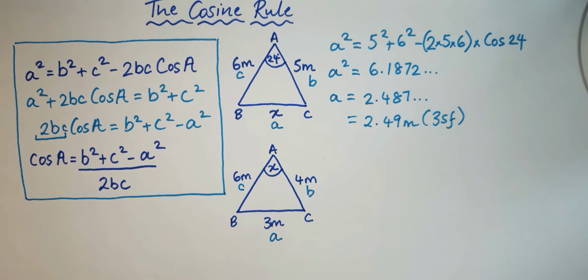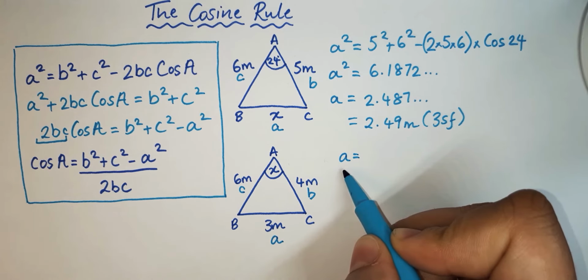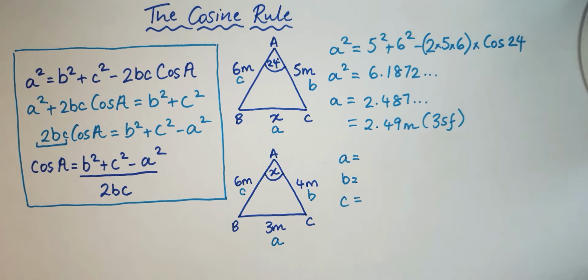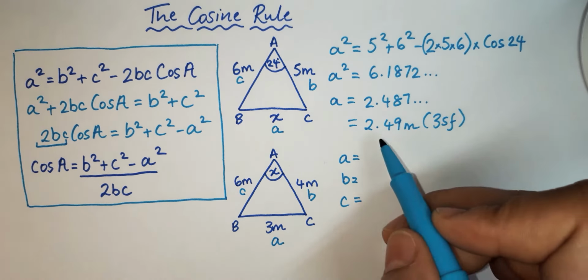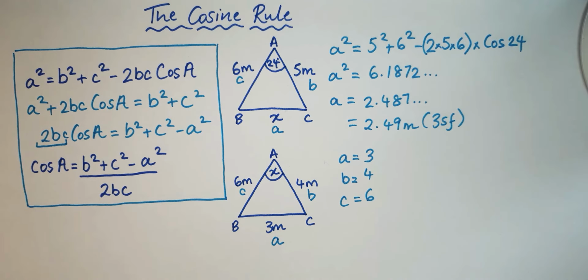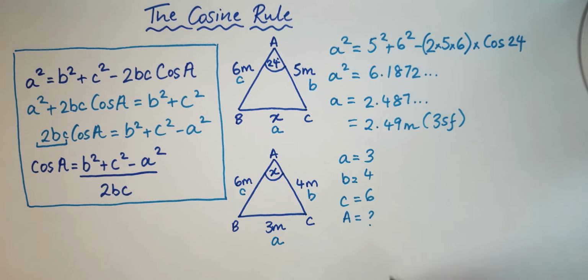And remember, you can always write out the values. You can write a is equal to, and then you can say b is equal to, c is equal to, like you can write a little list of all the values before you plug it in. So in this case, a is 3, b is 4, and c is 6. And you're trying to find out A. It just makes it easier if you're finding it tricky going straight from here into the equation.